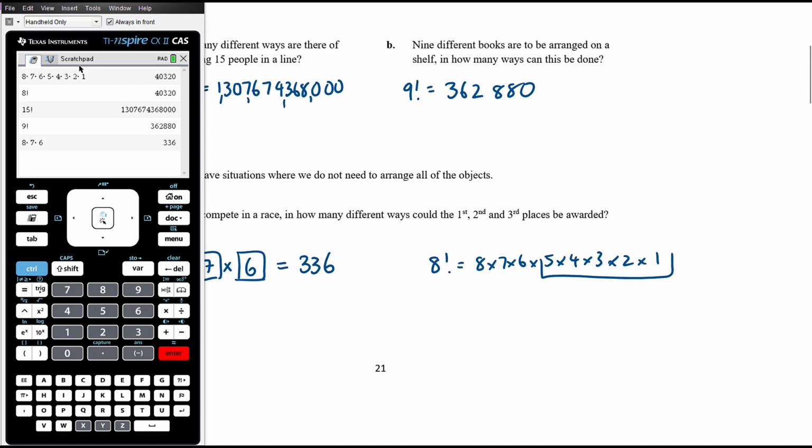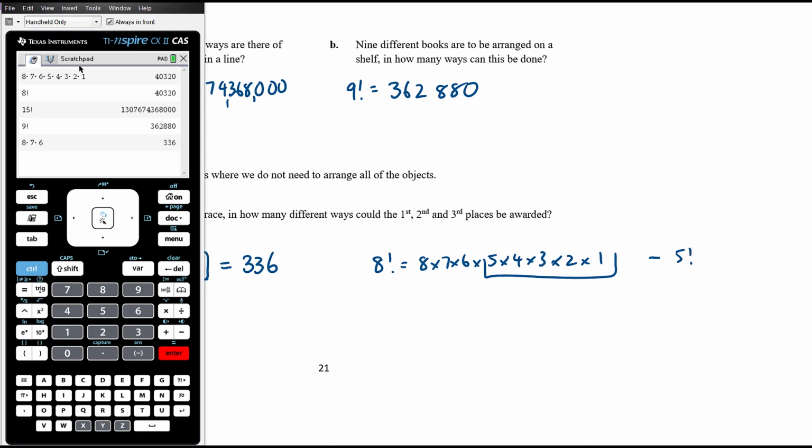Now, a lot of students go, oh, well, we'll just take away 5 factorial, okay? But taking away 5 factorial, taking away 5 times 4 times 3 times 2 times 1 isn't the same as undoing the fact that you are multiplying by 5 times 4 times 3 times 2 times 1, okay? So if I were to then take away 5 times 4 times 3 times 2 times 1, that doesn't cancel out that 5.